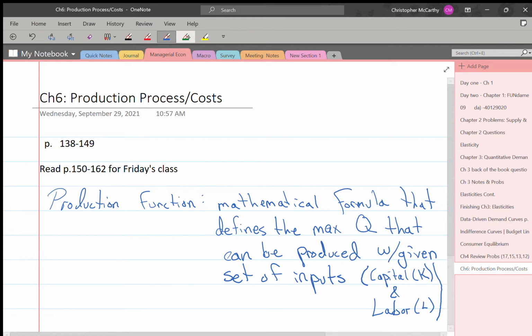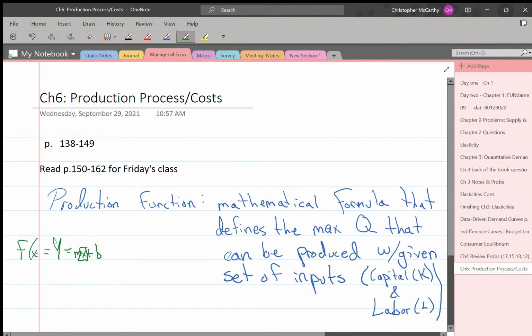So what is this production function? Remember before, we had y equals mx plus b, and m and b were constants, x was the only other variable. So the other way we would say that is that this is a function of x. In a similar way, now instead of just having one argument in that function term, we have two arguments.